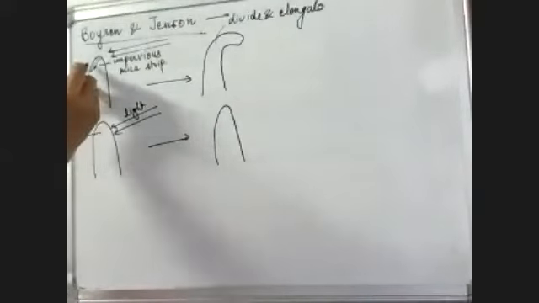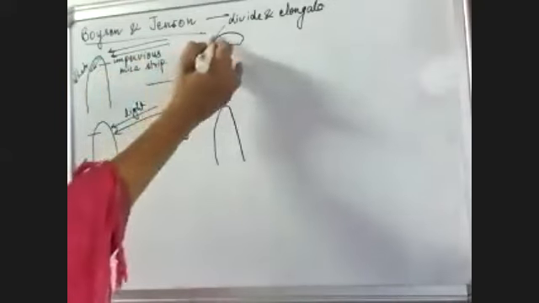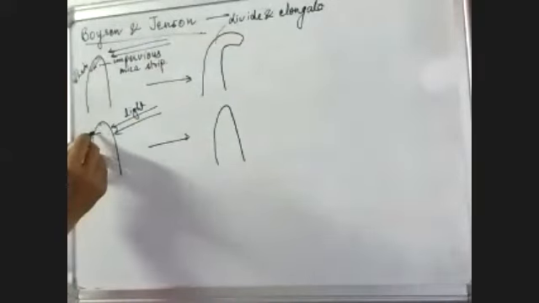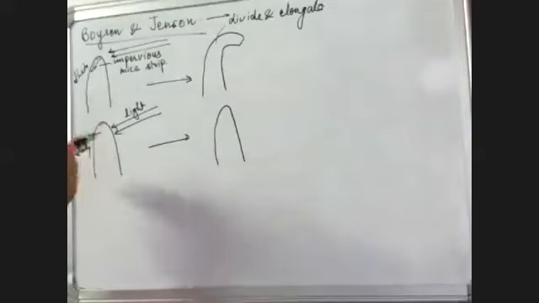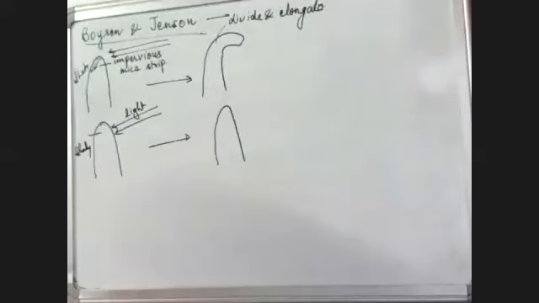They came down and helped in cell division and elongation, so it bent. But here, because of this mica strip, the auxins could not diffuse to the shady side. So there was no division, no elongation, and it did not bend. This is what was shown by Boysen and Jensen.